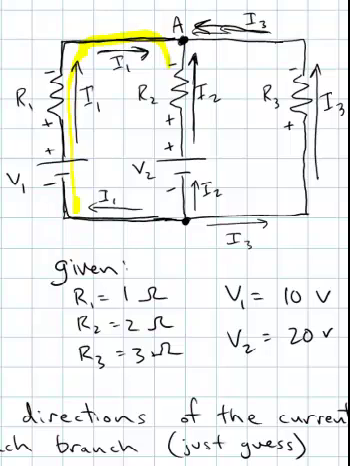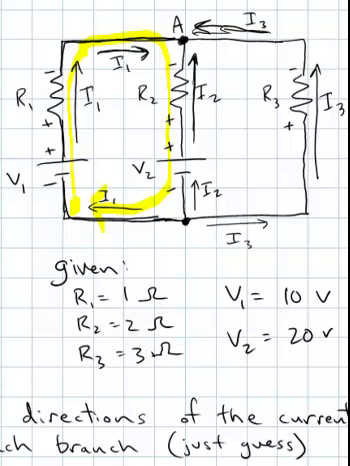Then I come over here and I'm going up in some potential because you can see I'm coming into the resistor at the low potential side and I'm coming out at the high potential side. So I'm actually going up, and then I'm going down through this battery. I'm going in at the high side and coming out the low side, and then I come back to my starting point.